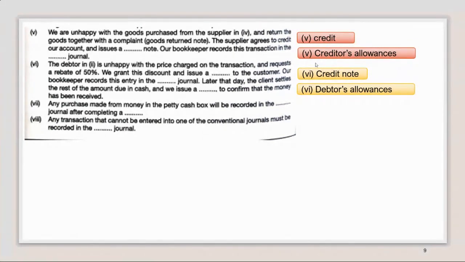Then now our debtor has actually paid his account. So what document do I give someone that pays me to confirm that the money was received? You guys had this answer previously.